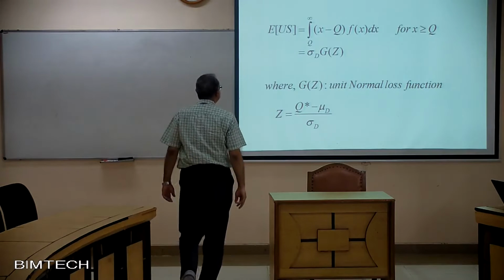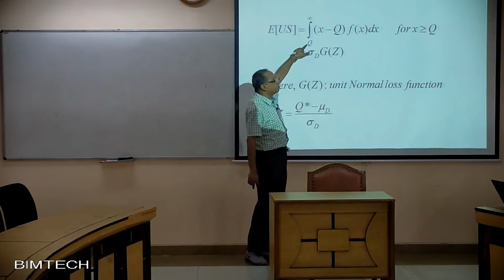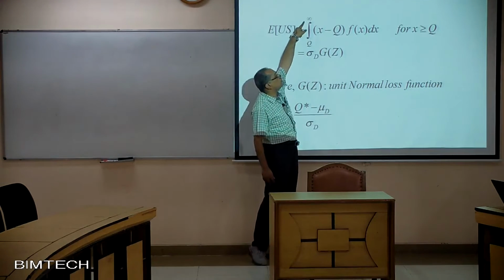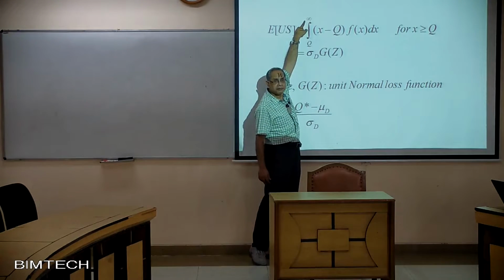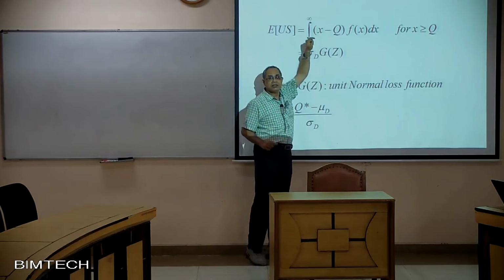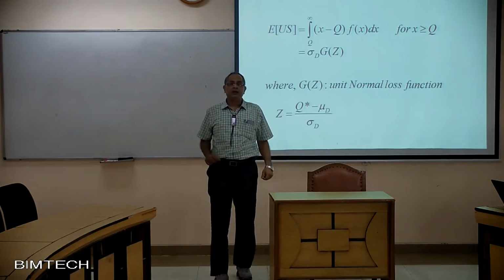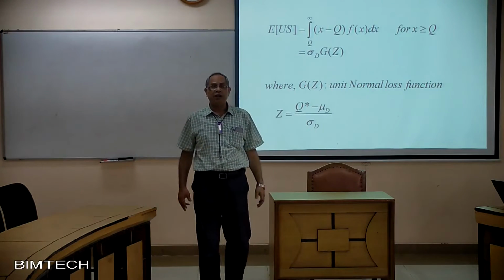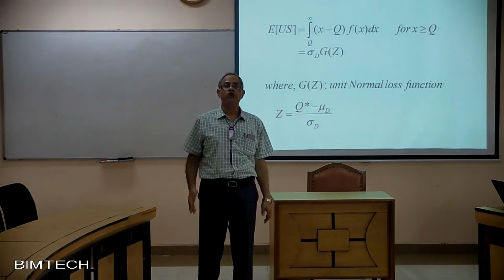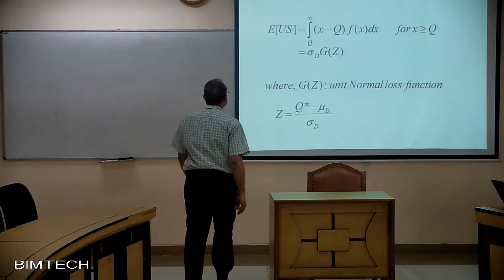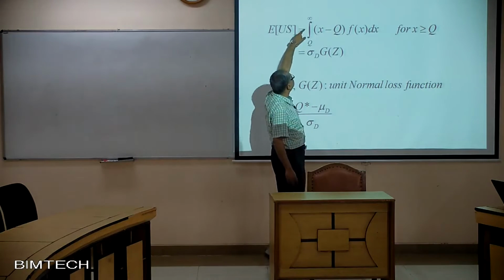What is that range of demand? The range of demand when we go short is Q to infinity. That is the range of demand which exceeds our order quantity Q, and therefore we go short. So therefore this is the integral from Q to infinity.